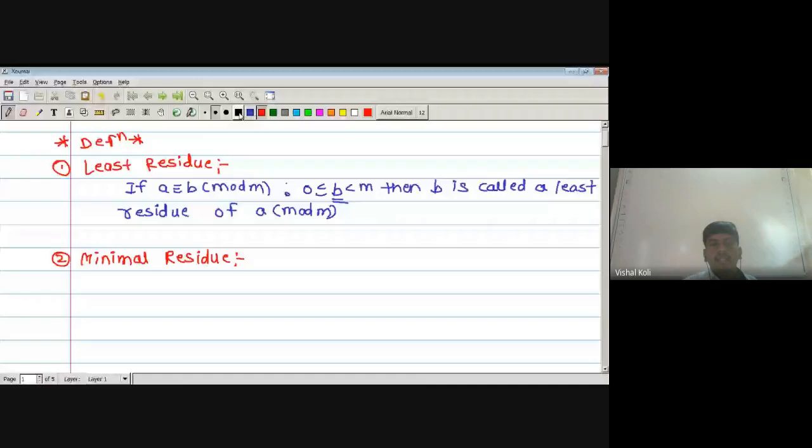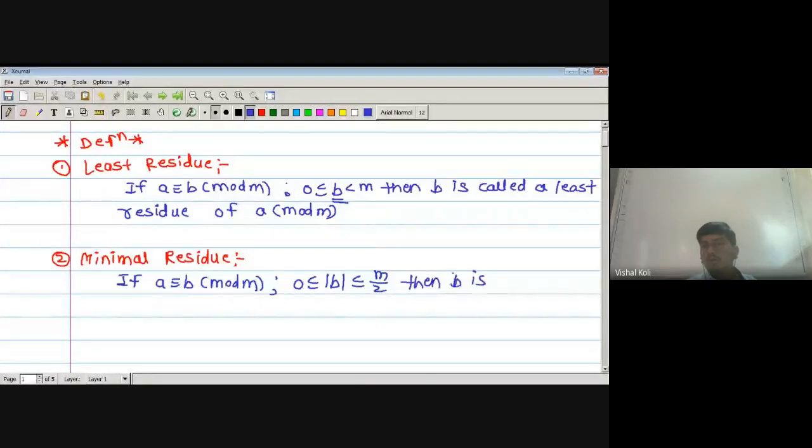Okay, now let us see its definition. If a is congruent to b modulo m such that 0 is less than or equal to modulus of b, which is less than or equal to m by 2, then b is called the minimal residue of a modulo m.